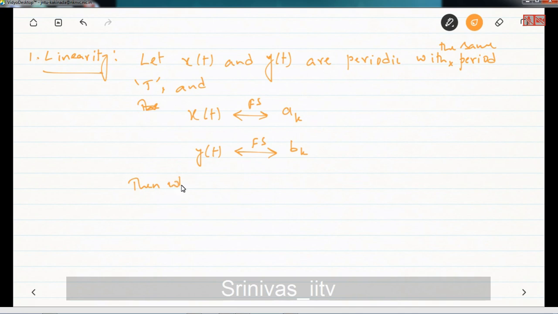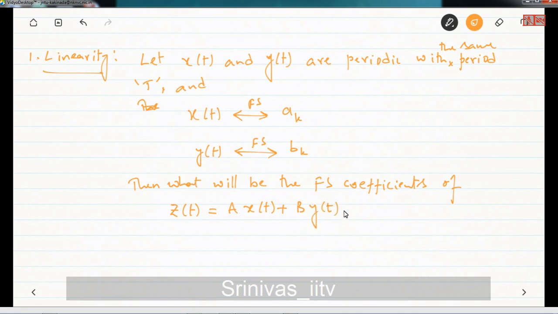Then what will be the Fourier series coefficients of z of t, which is a weighted linear combination of x of t and y of t?